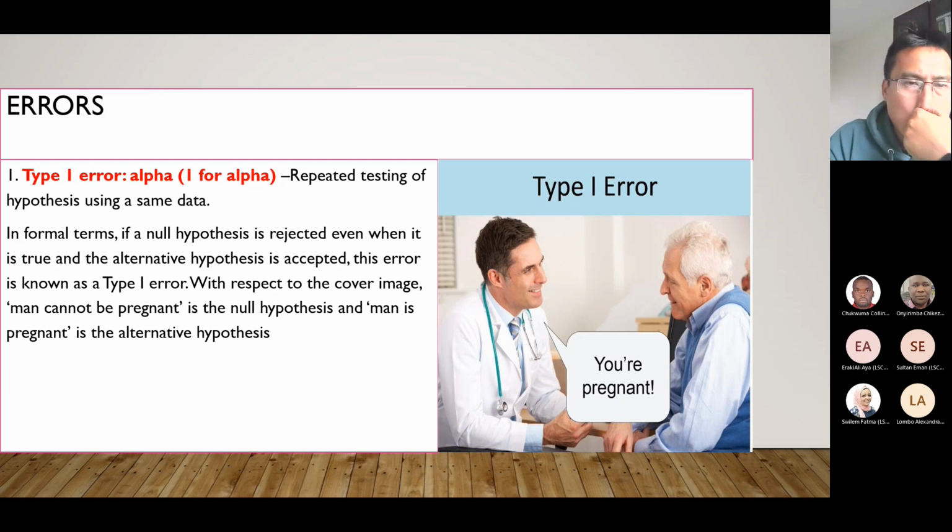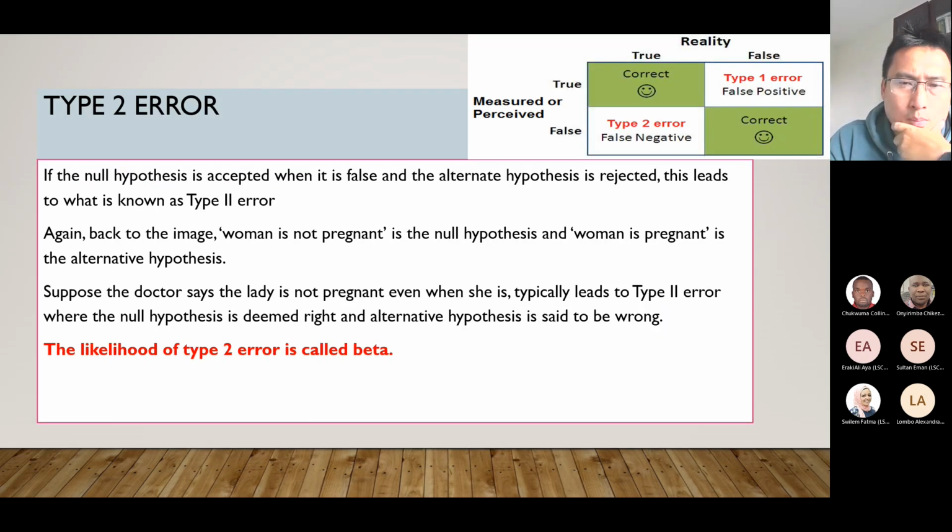Okay, so type 1 error and type 2 error is the thing that is a bit confusing. You don't need to remember all of this. The way I remember it, type 1 error is false positive, type 2 error is false negative. Does that make sense? Yes.